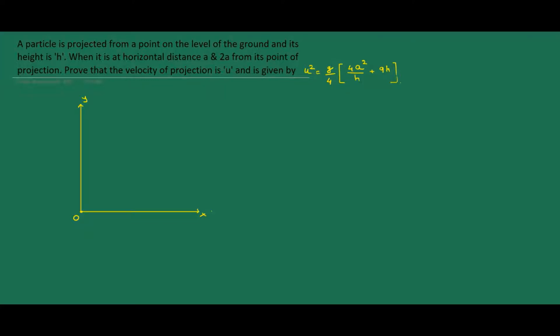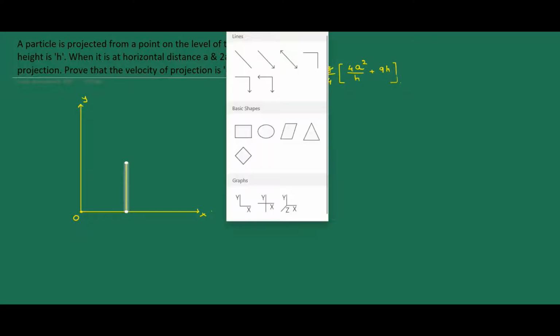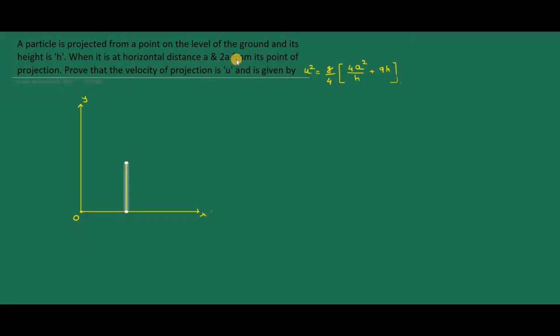So I will draw, this is a horizontal distance a, and similarly this is also h. Both are at height h. This is h and this is also h.